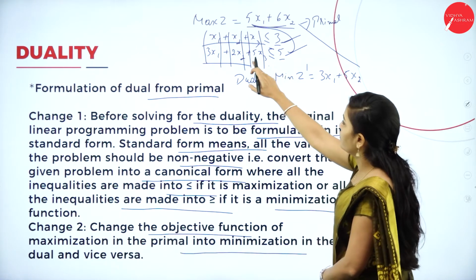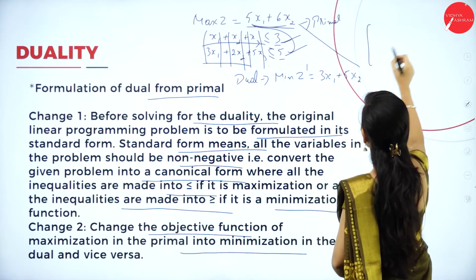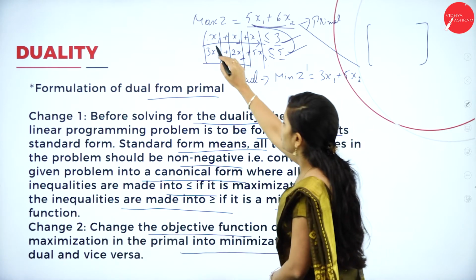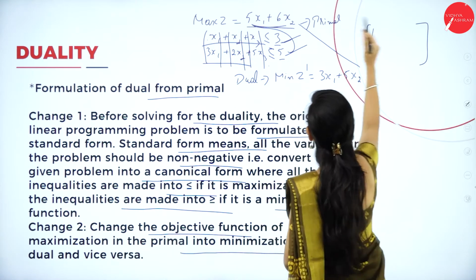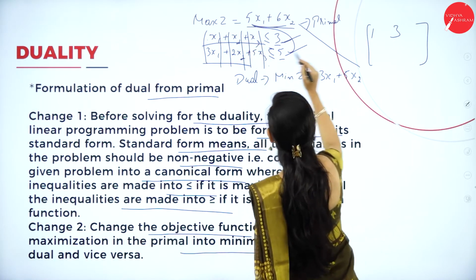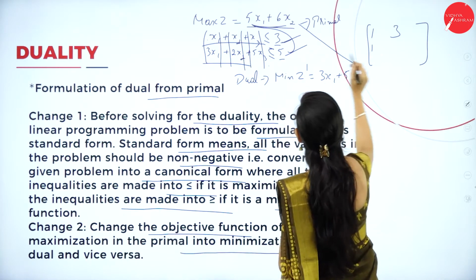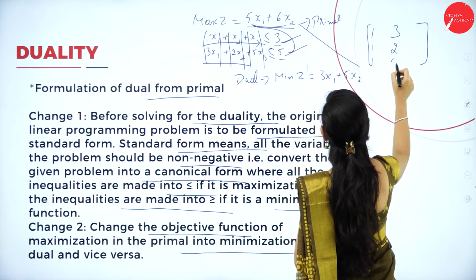Now I will shift these coefficients of the objective function and write them in matrix format. The coefficient of x1 is 1, and this column changes to a row. Again, this column 1 and 2, again this column 1 and 5.